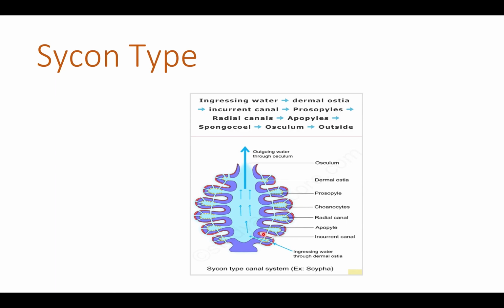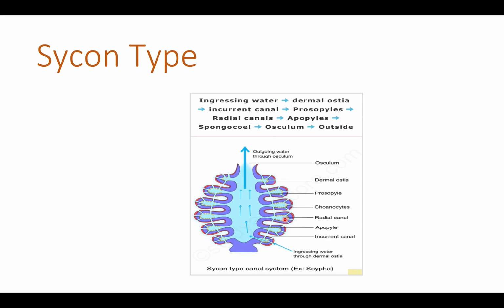This is an incurrent canal and this is a radial canal. They are parallel and alternating with each other. So here you can see incurrent, then radial, incurrent and radial, incurrent, radial. So they are present parallel and alternate to each other.